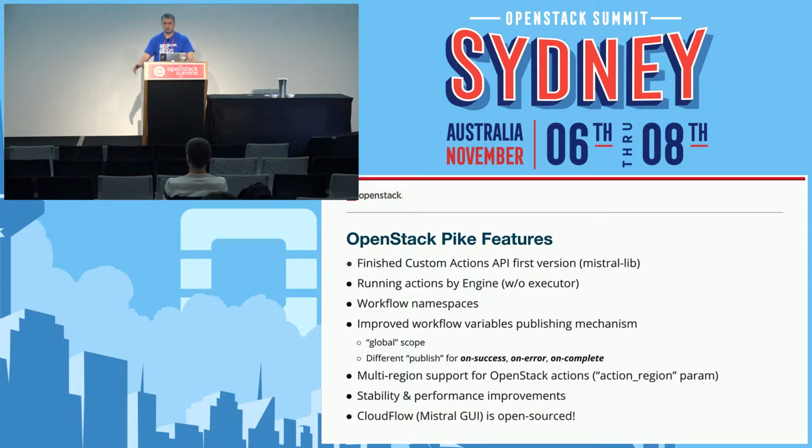Now we can have multiple namespaces, and within a namespace we can have uniquely named workflows, but names can repeat if we take, for example, two namespaces. So basically it's just an additional key to identify workflow definitions.